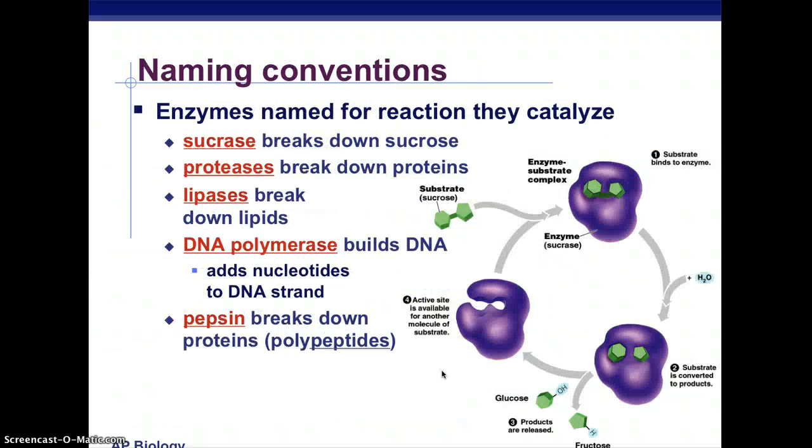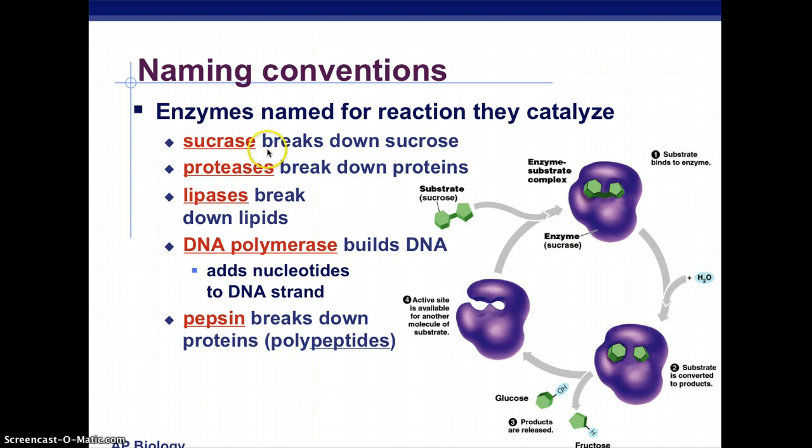So, naming conventions. One way you can tell you're talking about an enzyme is that the name ends in -ase: sucrase, protease, lipase, polymerase. Okay, and here's our exception to the rule, because there always is: pepsin. So these are all different enzymes, and usually they're named after the substrate that they break down.